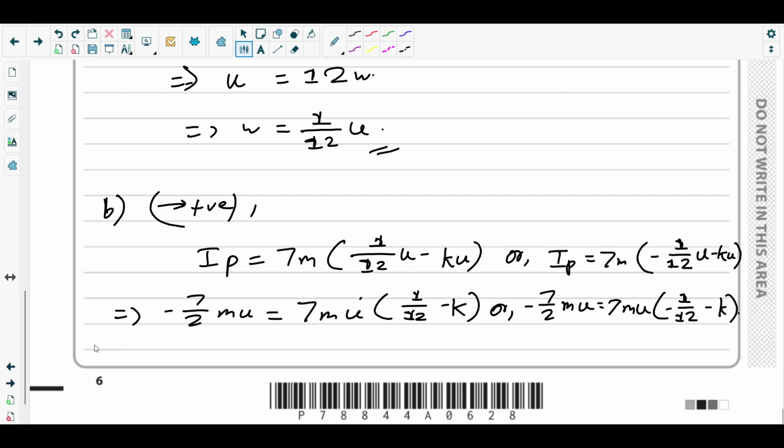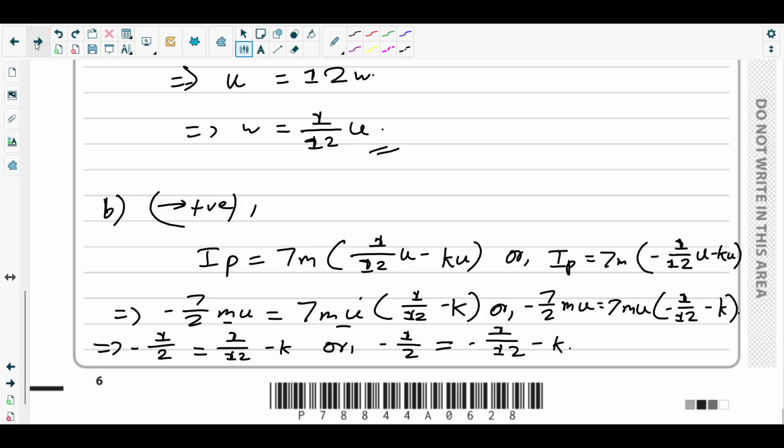Okay, so mu cancels from either side, and also 7 cancels from either side, so you will have negative half equals to 1/12 minus k, or negative 1/2 equals to negative 1/12 minus k. So we need the value for k.